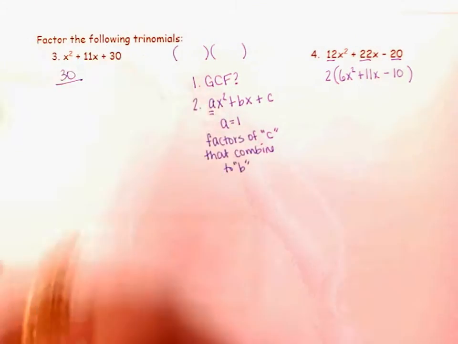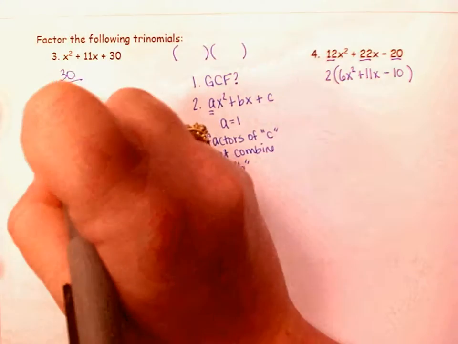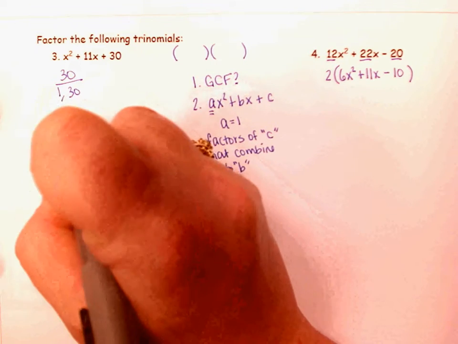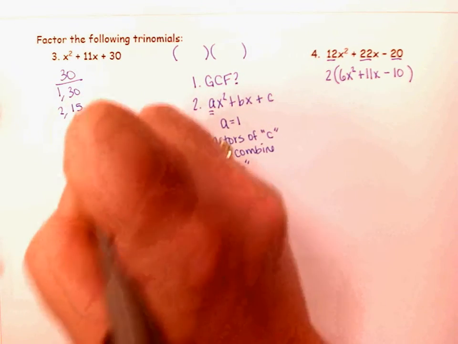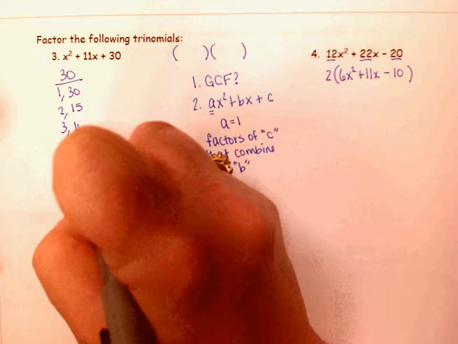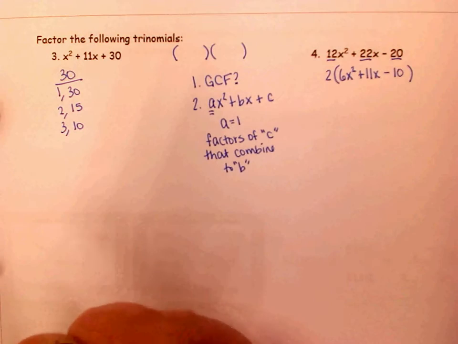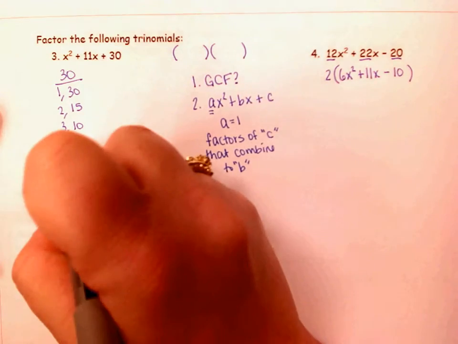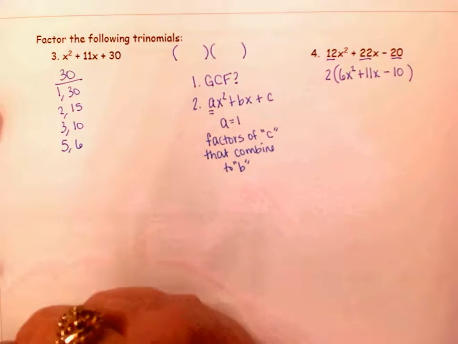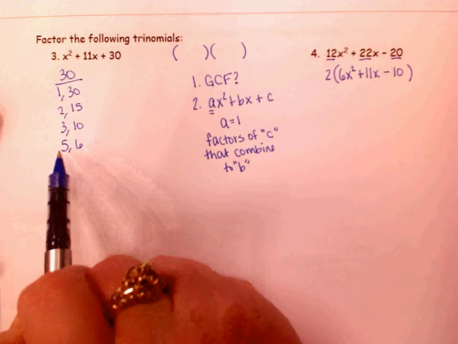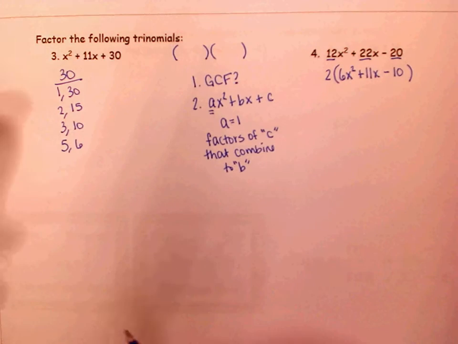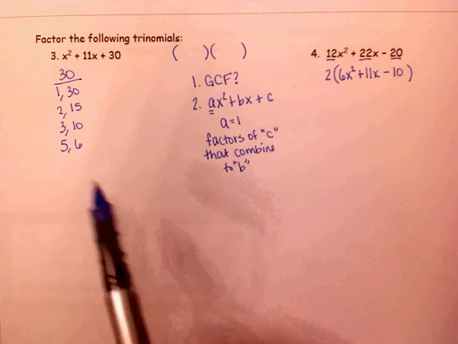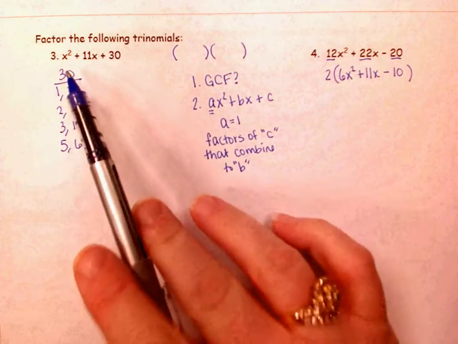So I can list the factors of 30. 1 times what? 1 times 30. 2 times what? 2 times 15. 3 times 10. 4 is not a factor of 30. There's nothing I can multiply 4 by and get 30. 5 times 6 is 30. Well, then when I get to 6, I start repeating the ones I already have. So those are all the factors of 30 that we need to consider.